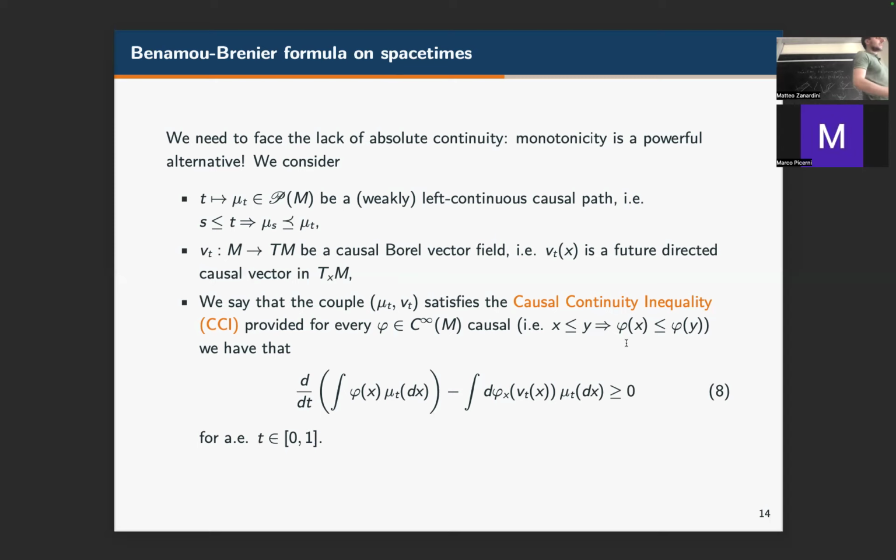Well, this is very easy to explain, why you should have an inequality instead of an equality. Because this function is causal, it is increasing in the causal order. If you take a function that decreases in the causal order, you should get the opposite sign, a less or equal. So that's why you get greater or equal instead of an equality.